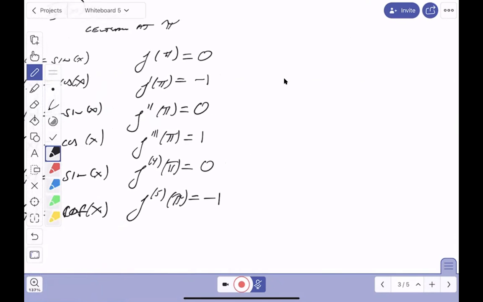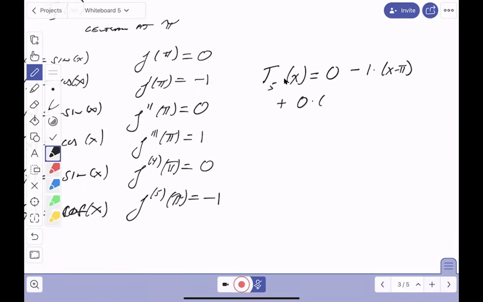Let's write this down now. T5. We'll check it with the key later. Well, I'm going to write it down. I'll clean up later. 0 minus 1 times x minus pi to the first power, plus 0 times x minus pi squared over 2 factorial, plus 1 times x minus pi, let's see, that would be cubed, right?